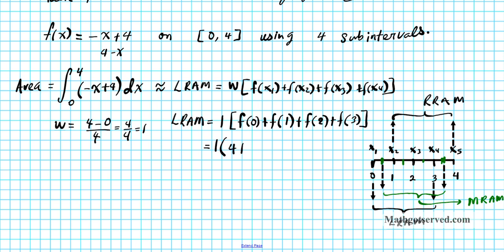Plus f of 1, 4 minus 1 is 3. Plus f of 2, 4 minus 2 is 2. f of 3, 4 minus 3 is 1. And we add all these values together, 4 plus 3 plus 2 plus 1. 7 plus 3 is 10, times 1 is 10. So that's your first answer. LRAM is equal to 10.